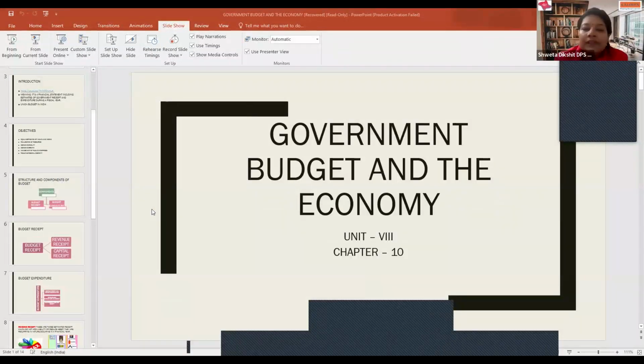Fiscal deficit is the total deficit in the budget, which is total expenditure minus total receipts excluding borrowing. And the revenue deficit is only about the revenue part, so it comprises revenue expenditure minus revenue receipts.